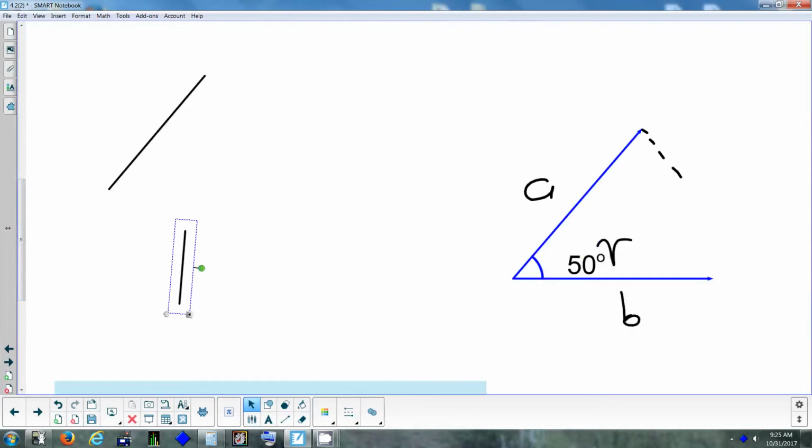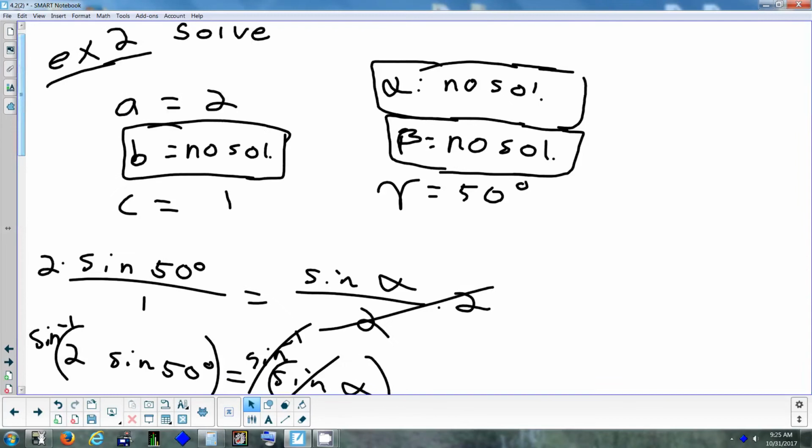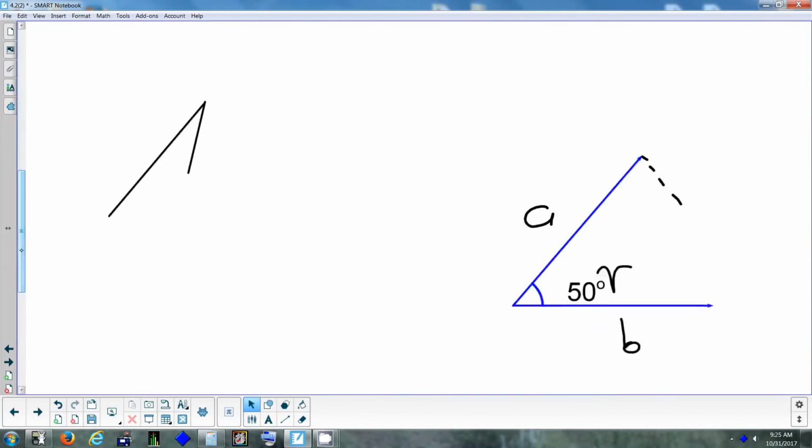So I can turn that any way I want. So there's C. And now B wasn't given. So you can make B as long or as short as you want. You can do whatever you want. The only thing you have to do is keep B horizontal. Because if you start to turn B, you're going to mess up the 50-degree angle.